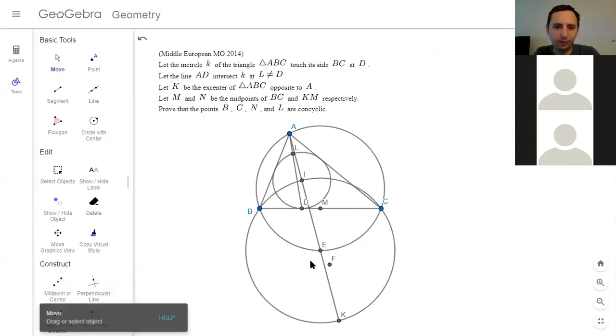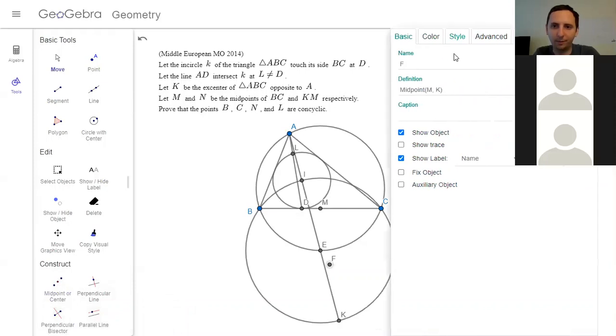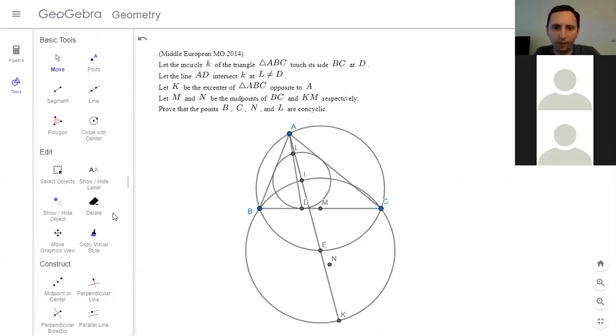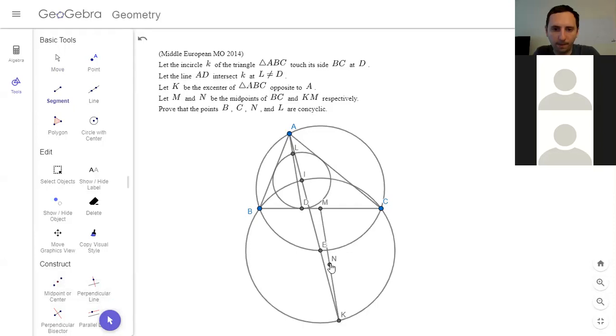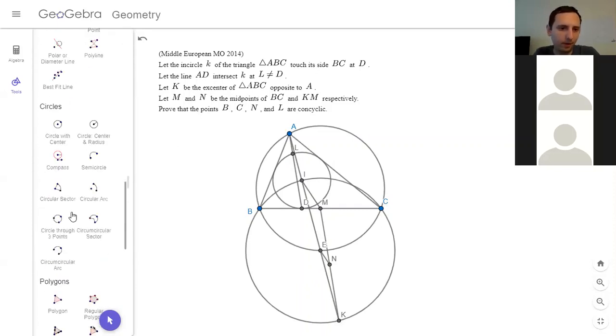Maybe this will be straightforward using that fact. We want to show that B, C, N, and L are cyclic. Okay, so EN is parallel to IM, which bisects AD by the IM lemma.